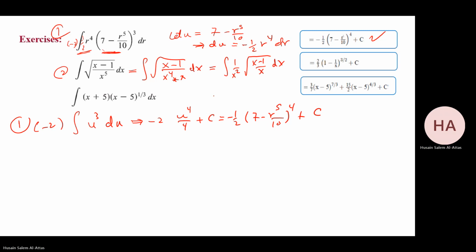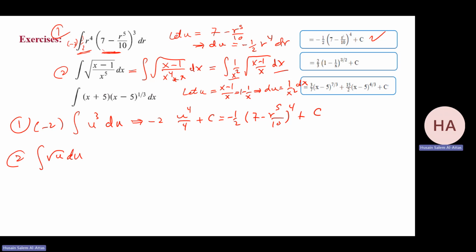Now, if I let u equal x minus 1 over x, which is 1 minus 1 over x, what will du be? du will be 1 over x squared dx, which is this one. So number 2 will be the integral of square root of u du, which is easy to do.